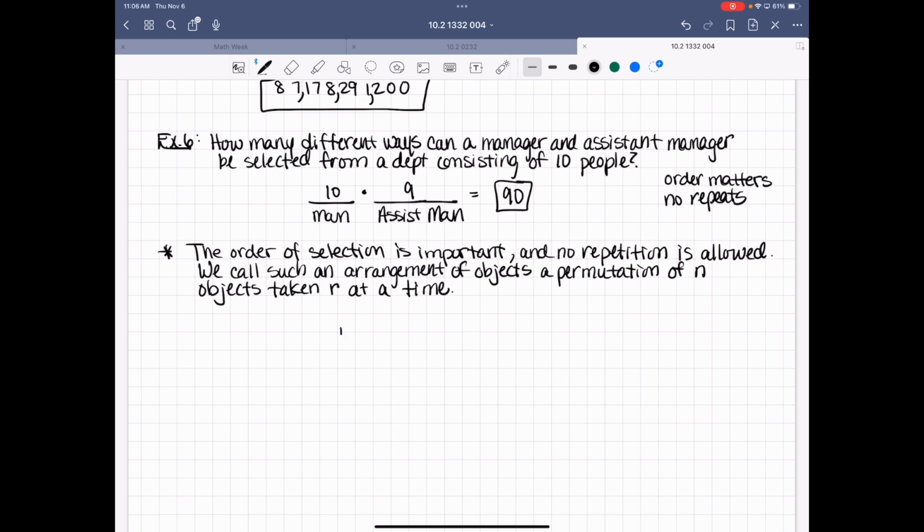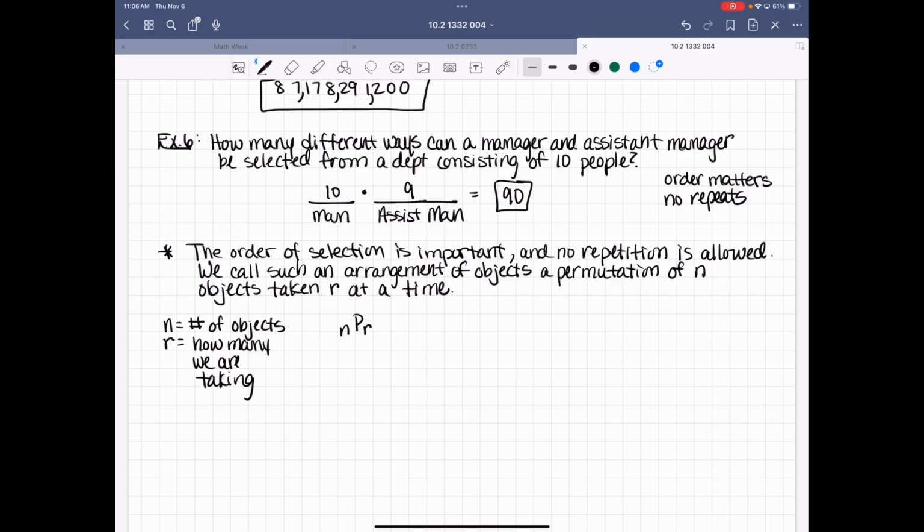And it's written like this. There's this little n, there's a P, and there's an r. So n equals the number of objects. r is how many we are taking.